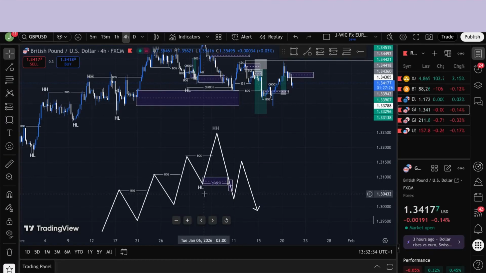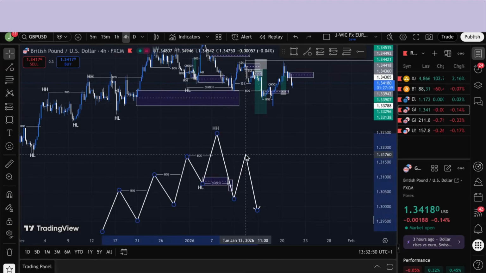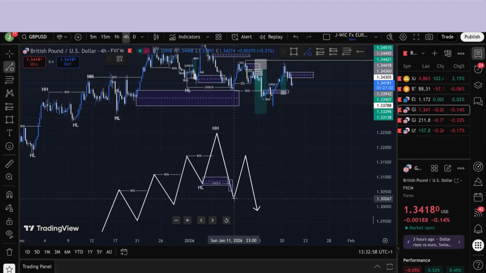In that case, your mind should start preparing that this market is changing character. It's changing its behavior from a bullish character to a bearish character. Now, you prepare your mind when you see a pullback. At this point in time, you might not want to rush. After the market made a pullback, it then makes a break of structure to the downside.